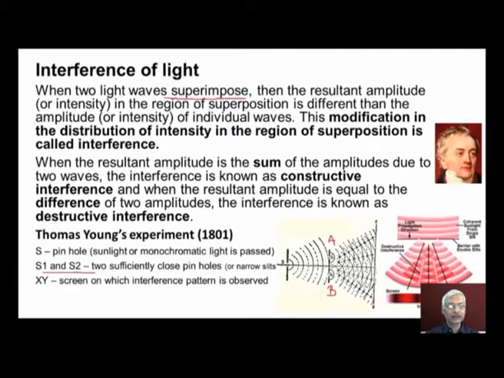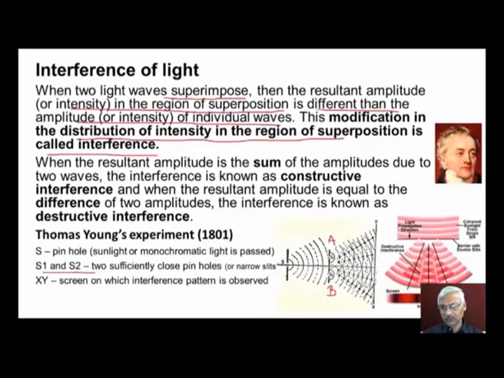When two light waves superimpose, then the resultant amplitude or intensity in the region of superposition, this is the region of superposition, is different from the amplitude or intensity of the individual waves. This modification in the distribution of intensity in the region of superposition is called interference.